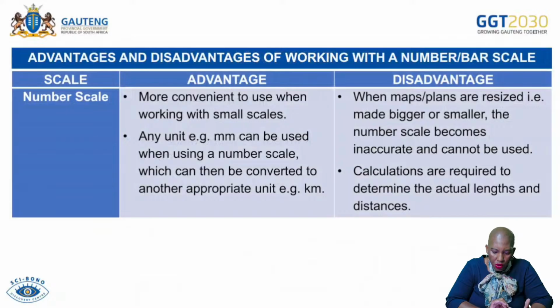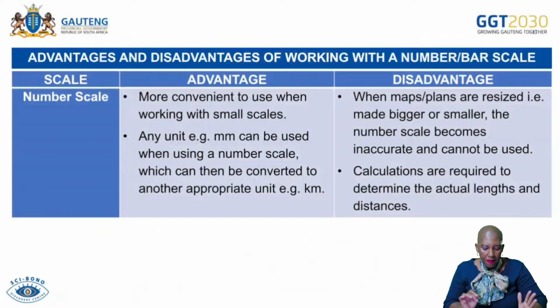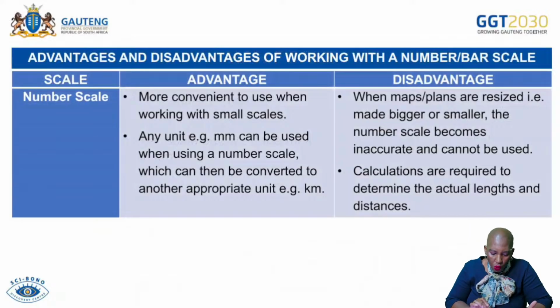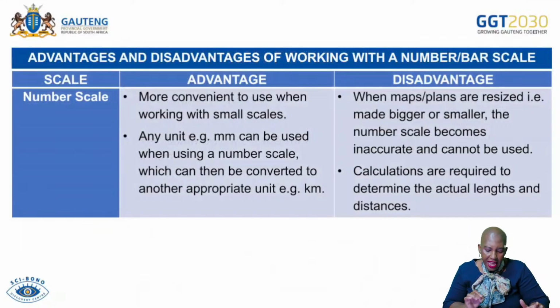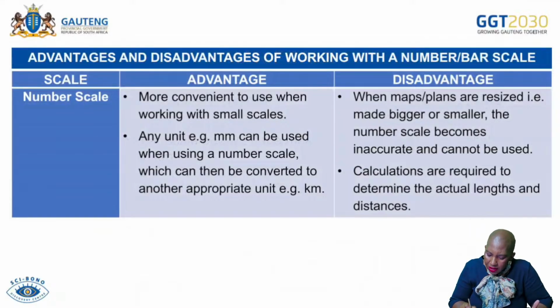Now let's quickly have a look at advantages and disadvantages of the number scale. Number scale is more convenient to use when working with small scales. Any unit, millimeters, can be used when using a number scale, and it can be converted to another appropriate unit, e.g. kilometers, meters, and so on. But what will be the disadvantage? When maps or plans are resized, made bigger or smaller, the number scale becomes inaccurate.